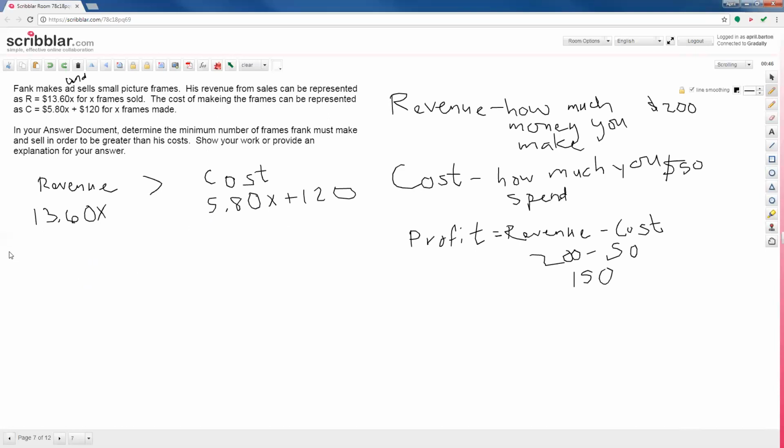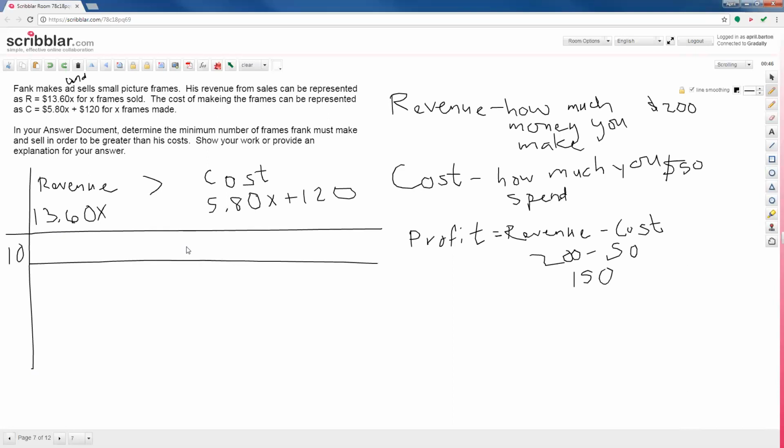If we guess 10 frames, so we're making a little table here again to compare, to figure out the revenue, we plug in the number we guessed. Instead of the letter x, we're plugging in an actual value. We've guessed 10 frames. 13.60 times 10 is $136.